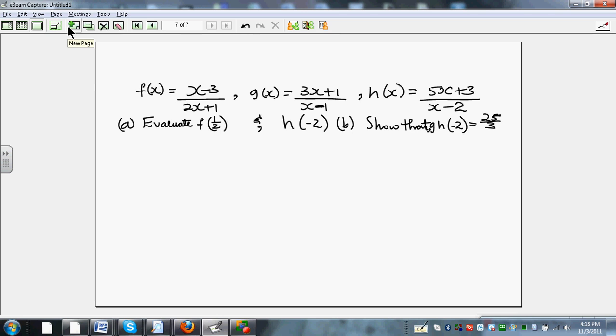So if you have to evaluate f of a half, it means that wherever we see x in f of x, we replace it by a half. So f of a half will be equal to a half minus 3 over 2 by a half plus 1. All we did was, instead of x, we placed the half instead.